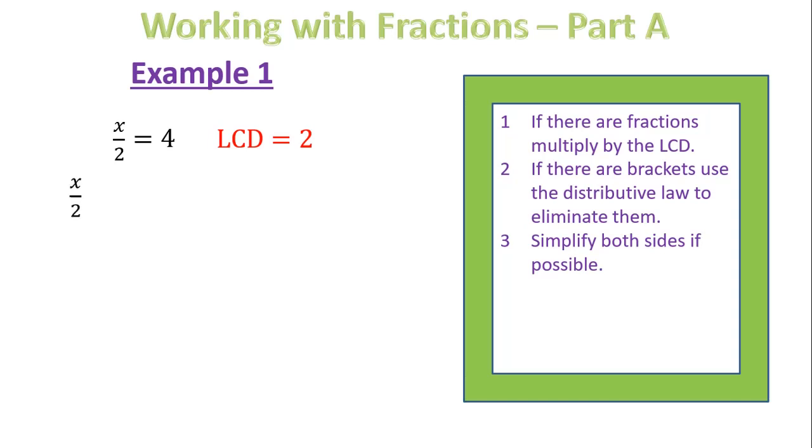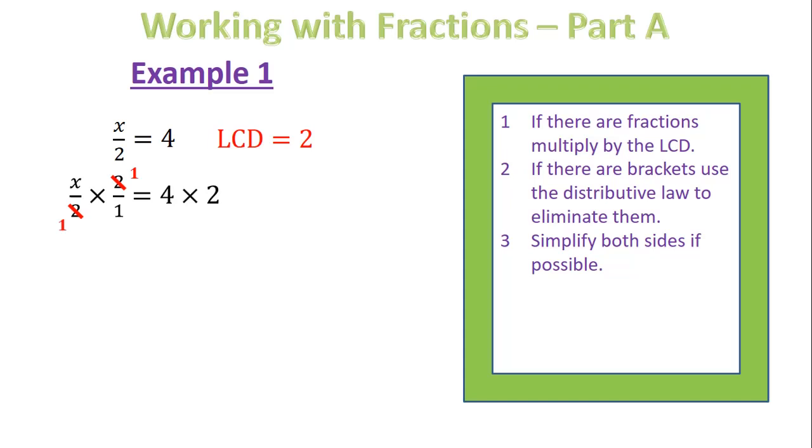x over 2 times 2 over 1 equals, and then 4 times 2. Notice when I have fractions, I multiply by 2 over 1. When I don't have fractions, I just multiply by 2. It's the same number, but just an easier way of setting it out. Now we can cancel on our left-hand side. 2 goes there once, and 2 goes there once.